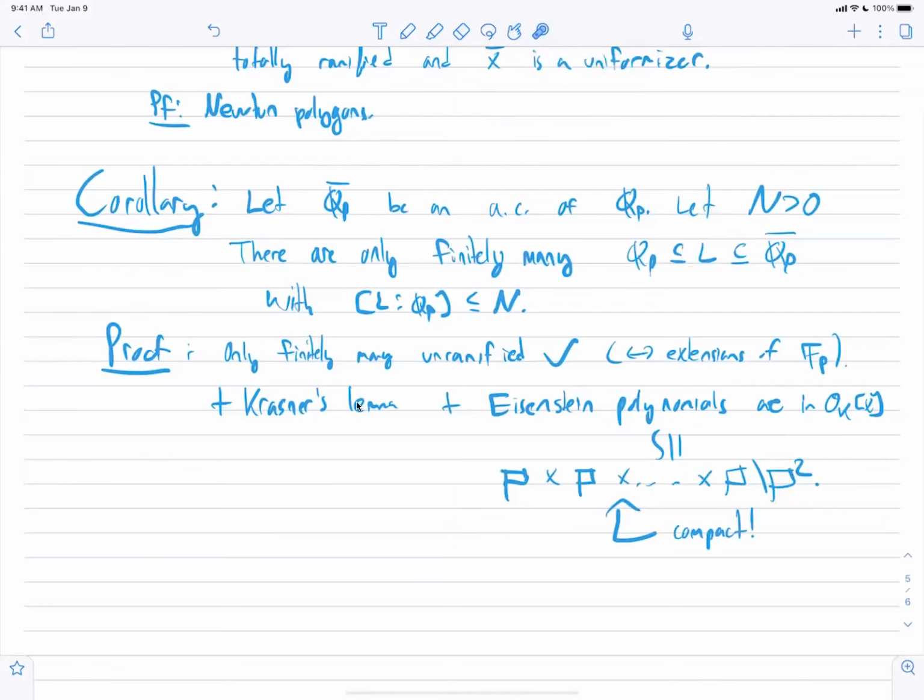So this will be compact, and then a product of compact things is compact. But Krasner's lemma is telling you there's an open cover where on each open set, you're only getting finitely many different extensions. And then you refine that open cover to a finite cover using compactness, and you get, all told, only finitely many extensions.